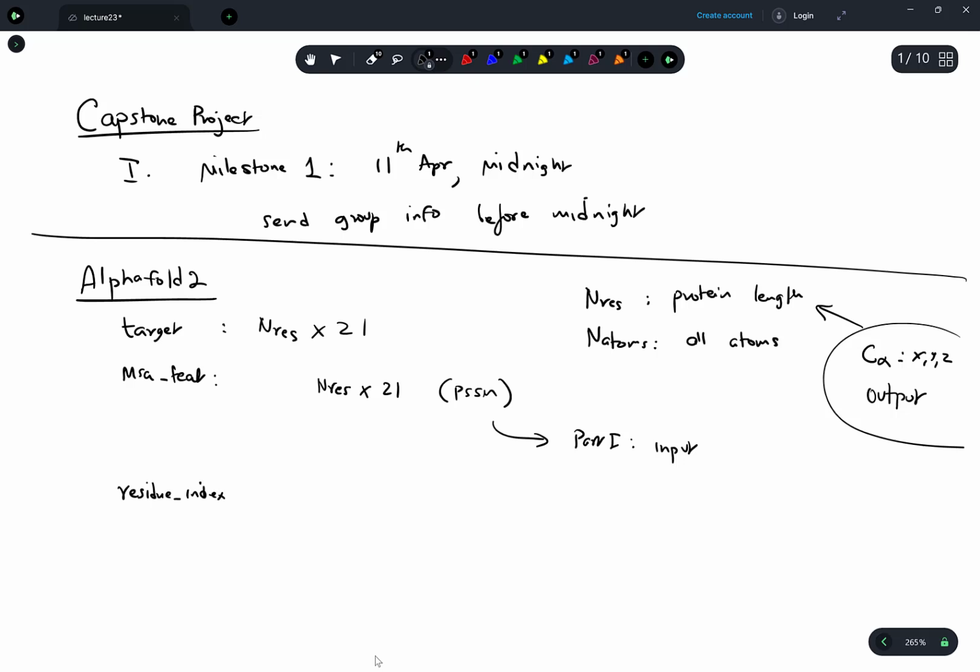This is just the actual position, so it's just the position info, which is just nres. Because we are doing cropping, we will be cropping the input sequence into chunks of 256 as inputs to the transformer. You could have a longer protein, which you would then have to crop.